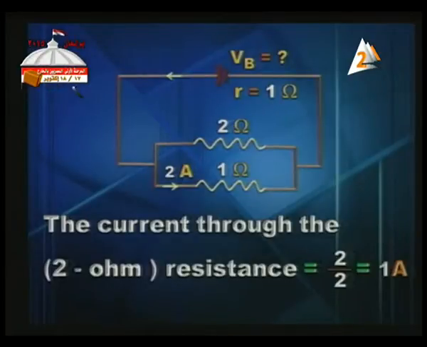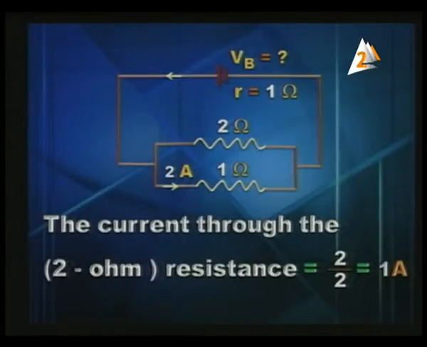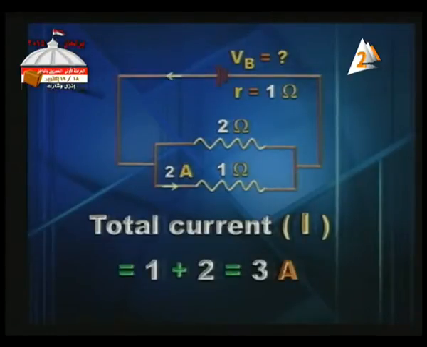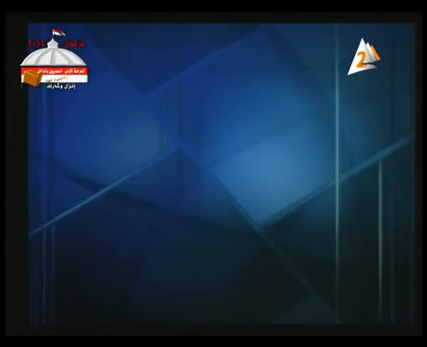We managed to obtain the current through the 2 ohm, and we've got the current through the 1 ohm, so we can obtain the current through the battery, the main current. Total current is equal to 1 plus 2, it is 3 amperes. And how to determine the battery EMF?